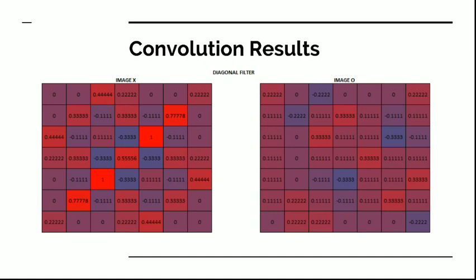In the original image we have two diagonals, but in the transformed image only one diagonal is identified; the other diagonal is removed.